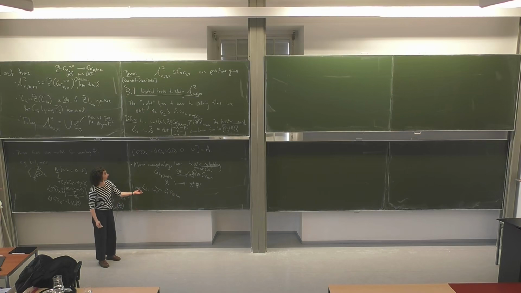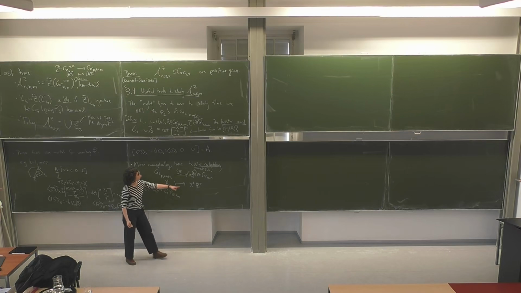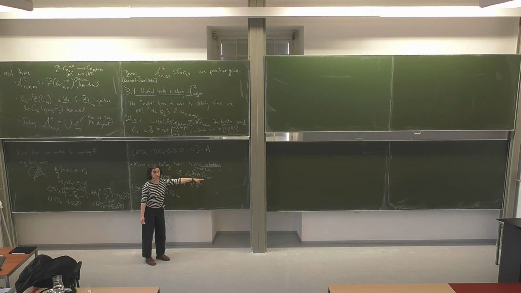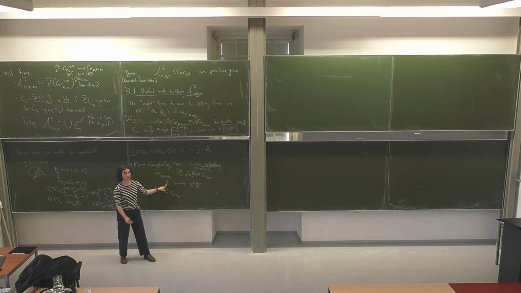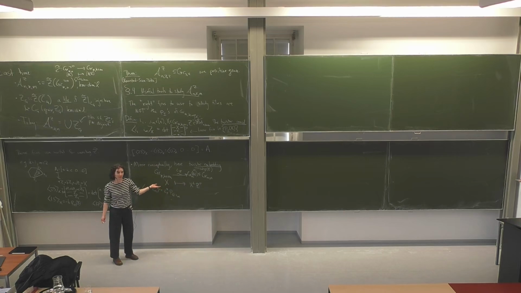So you have natural coordinates here, the Plücker coordinates. And then you can think about what they mean if you decide to view your point as a point in Gr(k, k+m) instead of as a point in Gr(m,n). The twistor coordinates are what you get when you decide to do that.